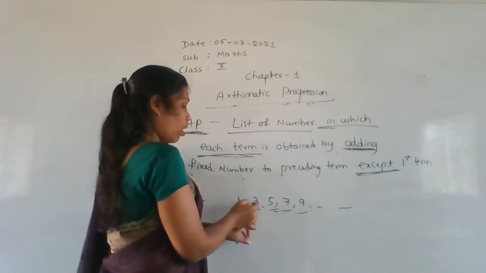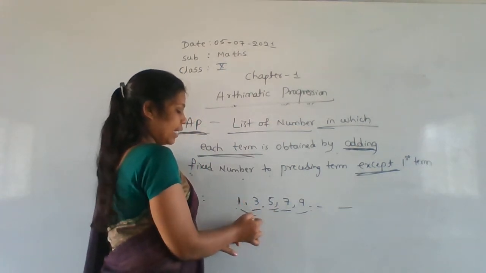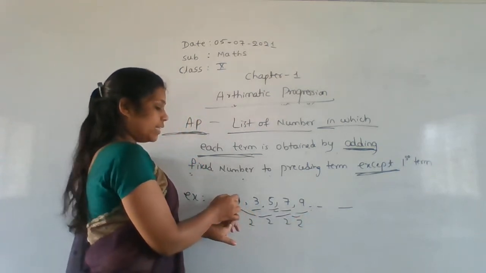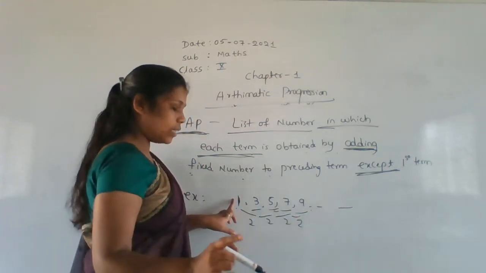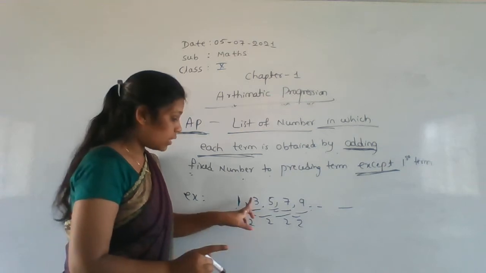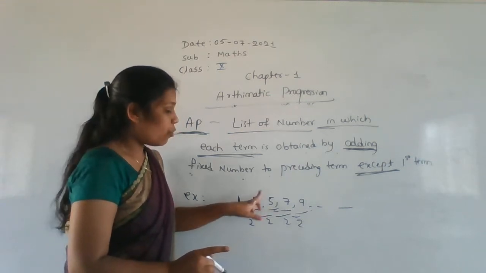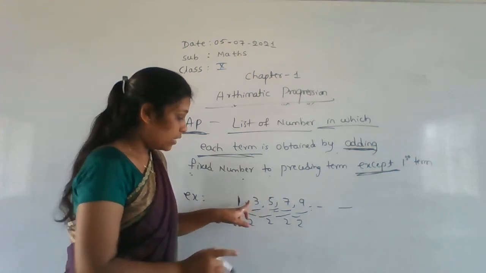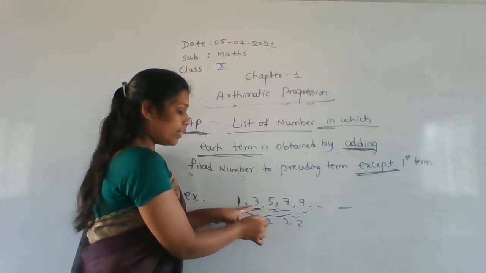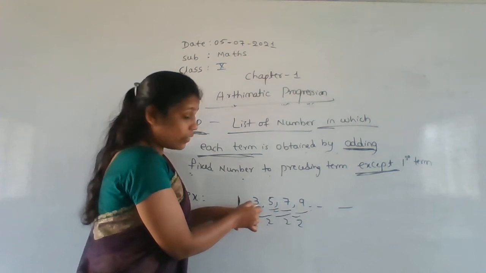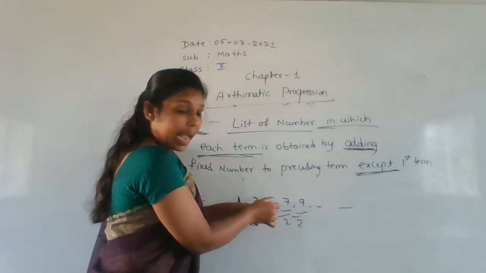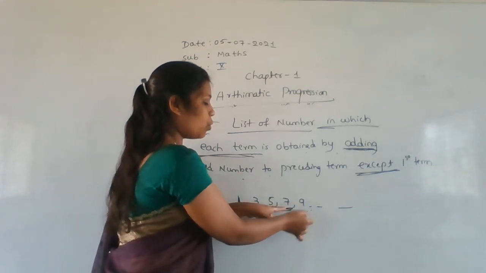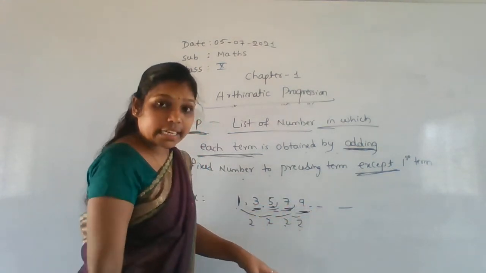Preceding term means here 1. So we are adding 2, right? Consider the term 1, add 2, what is the answer? You will get 3, right? For 5, the preceding term is 3. If we add 2 to the preceding term, we will get the next term, that is 5. And again add 2, we will get the next number. Again add 2, we will get the next number. Understanding what I am saying?